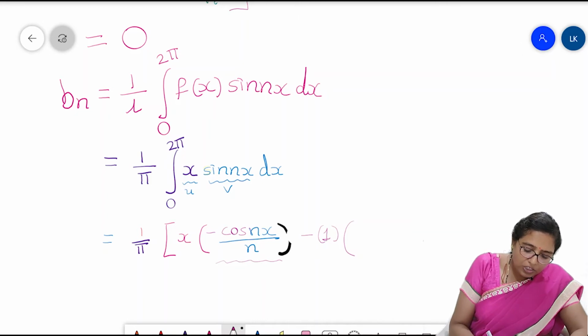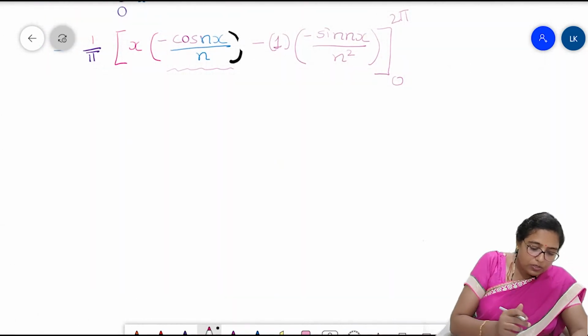That means integration of cos is sin nx upon derivative n, and we already have n, that means n square. The limit is 0 to 2 pi.